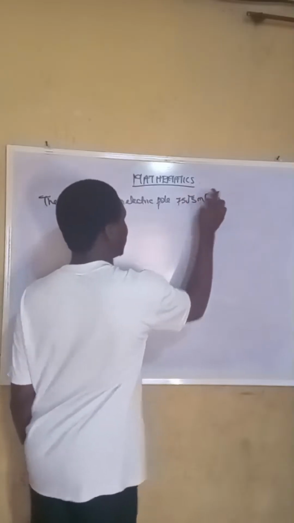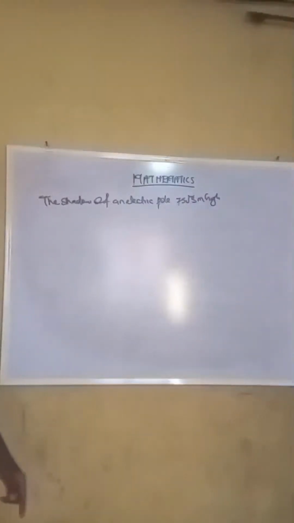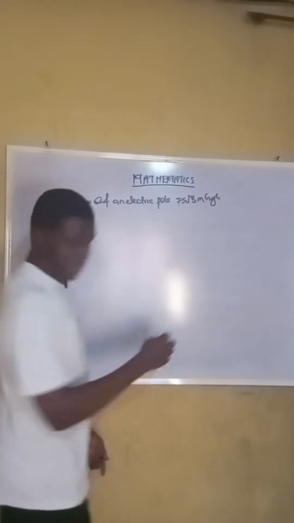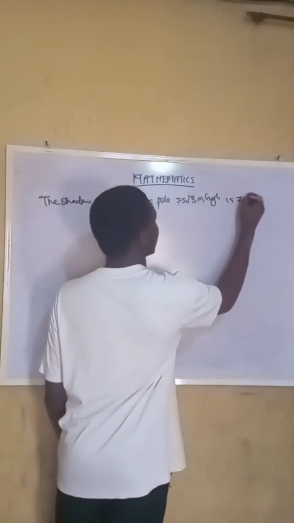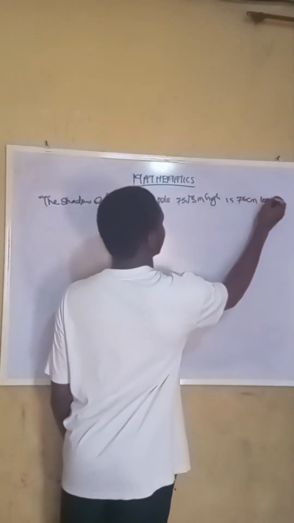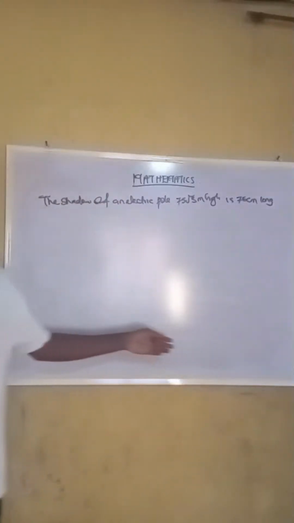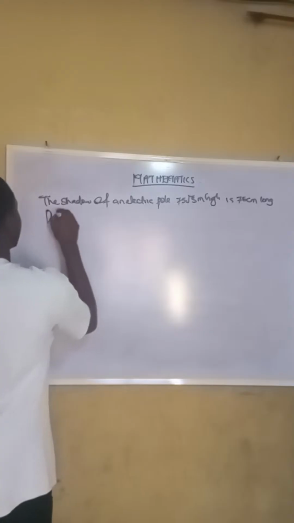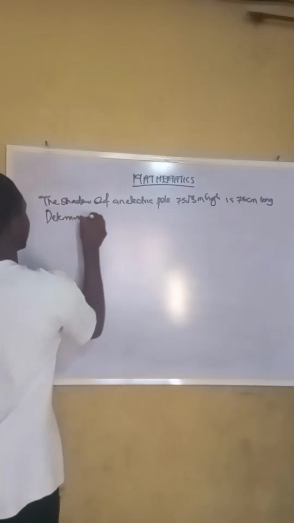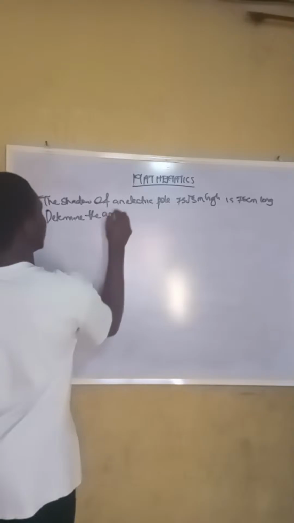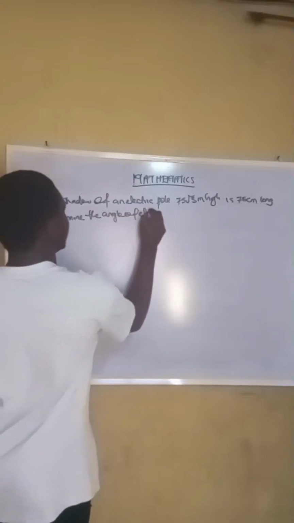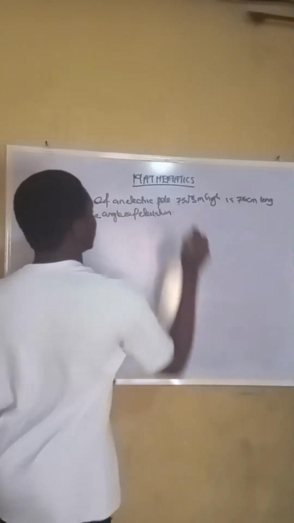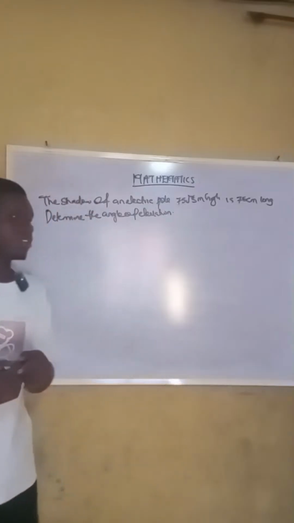I'm talking about the height of the pole, right? The shadow is 75 centimeters long. We are asked, determine the angle of elevation.